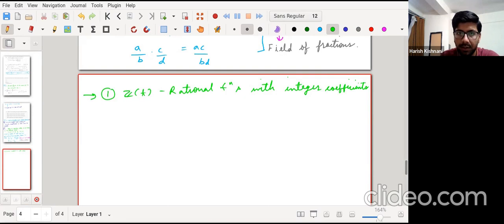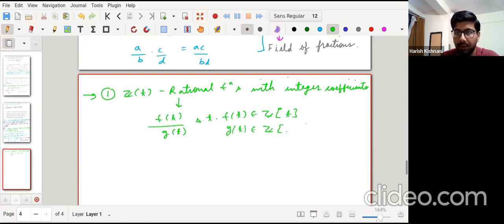They are just the functions of the form f(t)/g(t), such that f(t) belongs to Z[t] and g(t) belongs to Z[t] minus the 0. So by the definition of field of fractions, it is going to be the field of fractions of the polynomial ring, right?